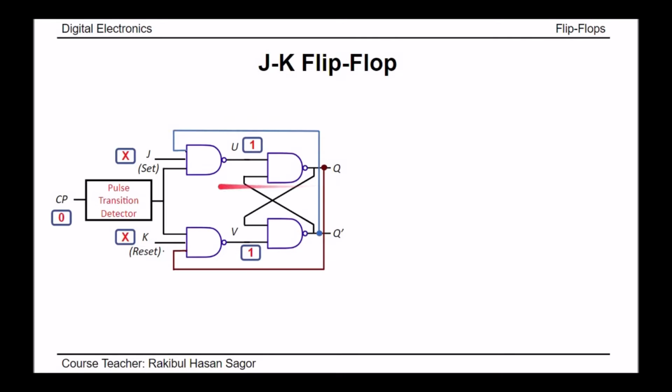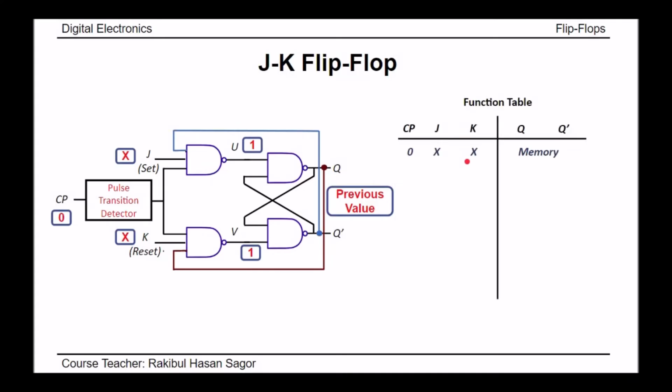So when the clock pulse is 0, whatever the values of the J and K inputs, the output will be the previous output. This is the function table. In the function table, you can see when the clock pulse is 0, whatever the values of J and K are, the output will be the memory. Memory means it will hold the previous value.